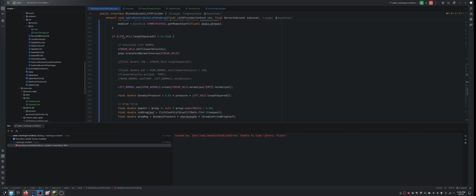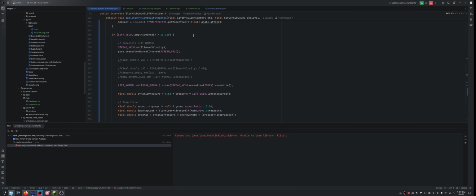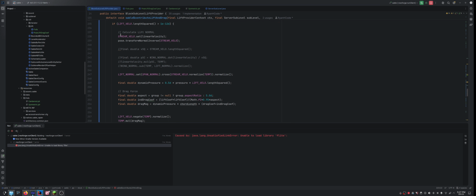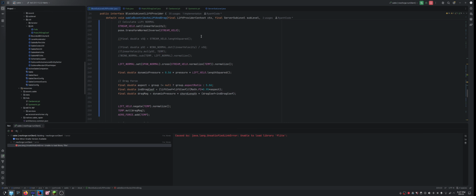If the velocity at a point is greater than a very small number, 1 times 10 to the power of negative 12, we calculate the stream velocity. That's not the velocity at the point, that's just the global velocity in reference to local space.